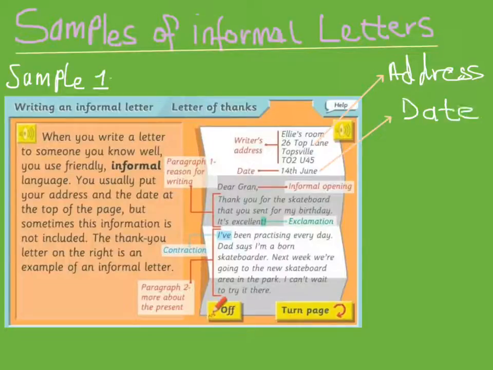And if we look at the date there, we see that there is a date that has been written down, and then if we follow, we see there's an opening formula, which is Dear Gran, and you see Gran there has been written in abbreviation, which carries part of the characteristics of an informal letter. Even the date there, we discover that it has been written 14 June, but the year has not been indicated.